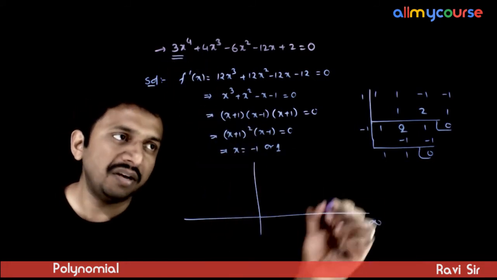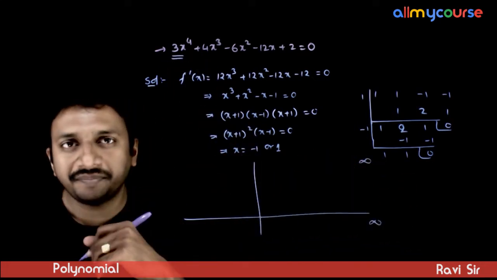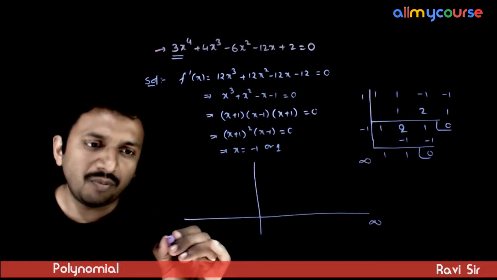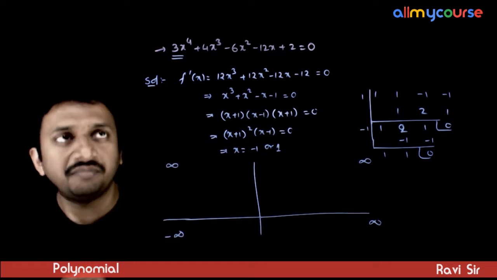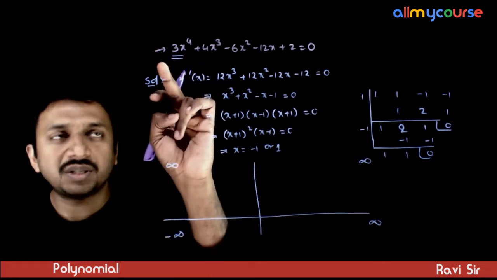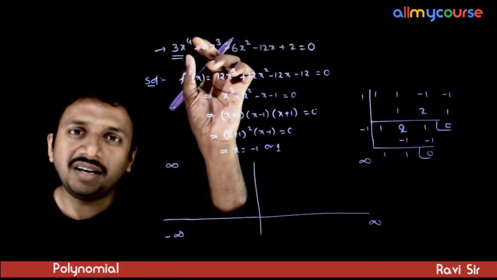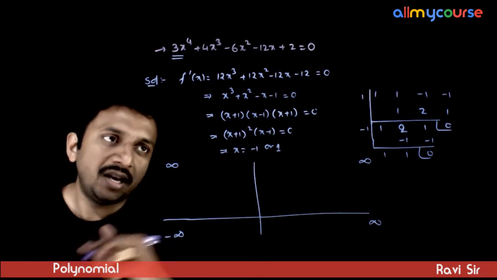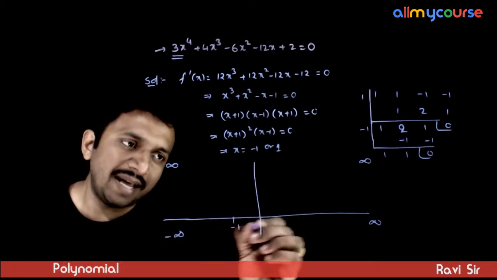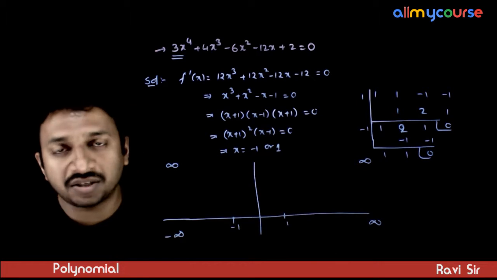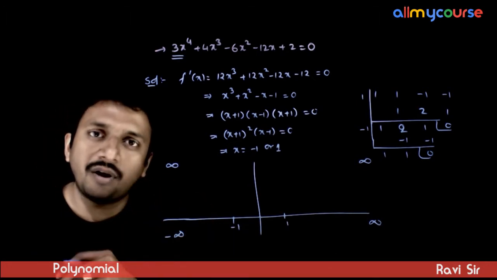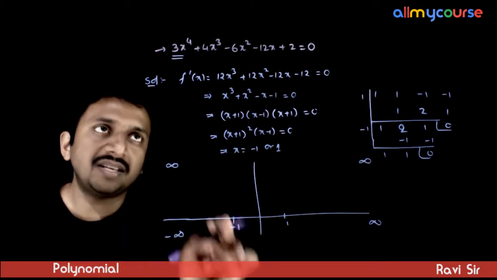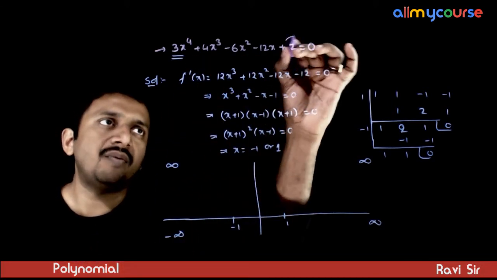At x is equal to infinity, y is infinity. And when x is equal to minus infinity, also y is plus infinity because the leading coefficient is positive and the degree is even. Now, at x is equal to minus 1 and plus 1, f dash of x is equal to 0. So what is f of minus 1? At x is equal to minus 1, what is the functional value?